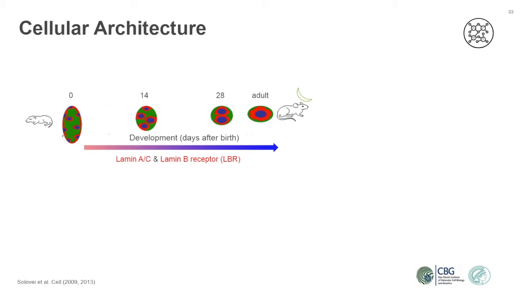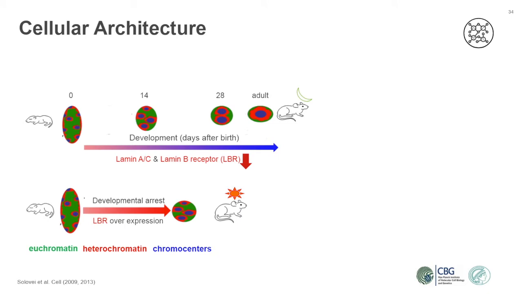And the cellular architecture arises from the birth of the animal during its terminal development as the retina matures towards its adult state. In the first month of development, due to the absence of two lamina proteins, namely lamin AC and lamin B receptor, the heterochromatin is freed and detethers itself from the periphery to get compacted to the central region.